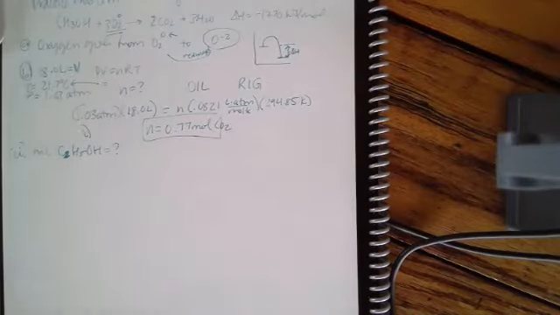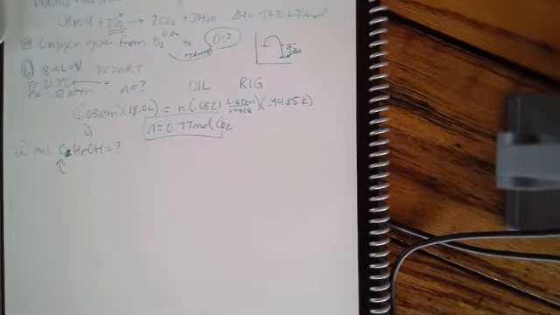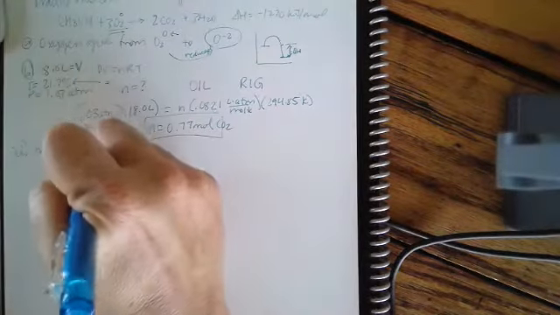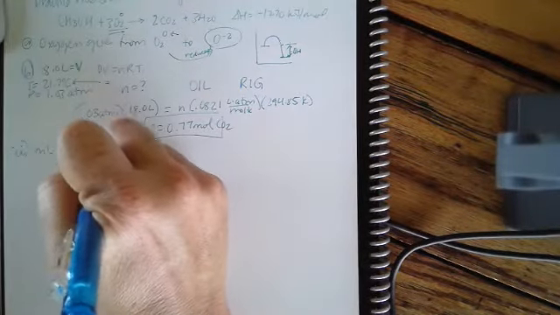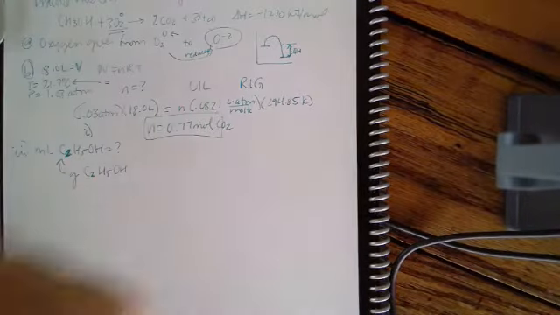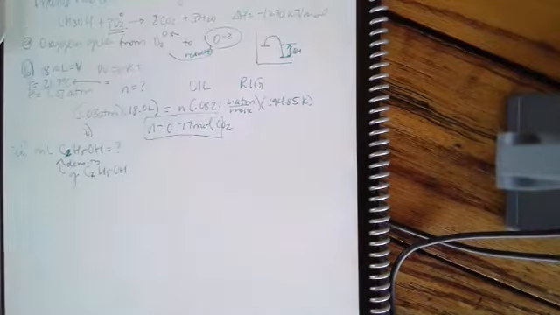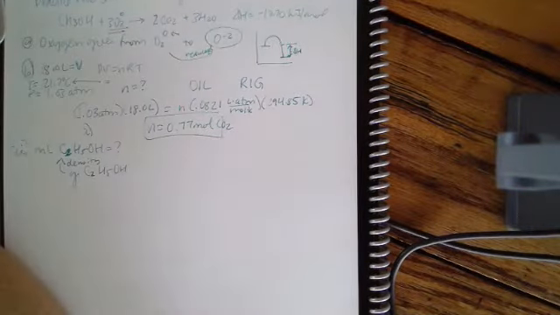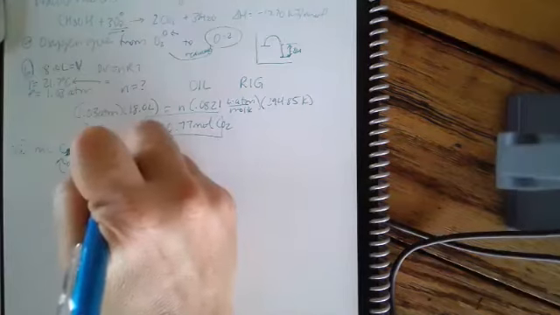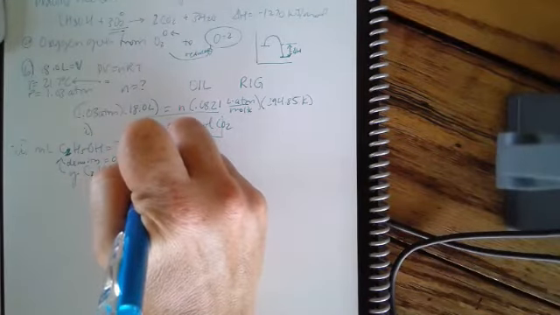And we have the density. So I can get grams of C2H5OH, and then use the density to change that from grams into milliliters. They told us that the density is 0.79 grams per milliliter.